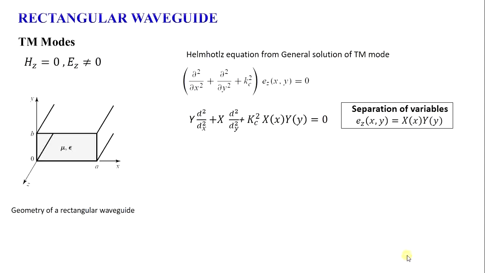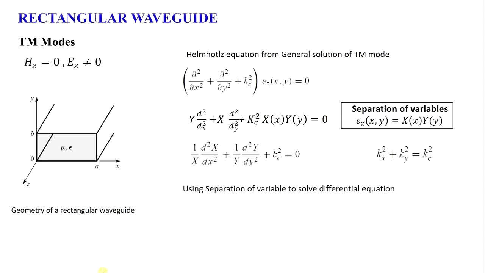Now again divide by XY on both sides, we get this equation, that is 1/X d²X/dx² plus 1/Y d²Y/dy² plus kc² equal to 0. You know kc² is equal to kx² plus ky².